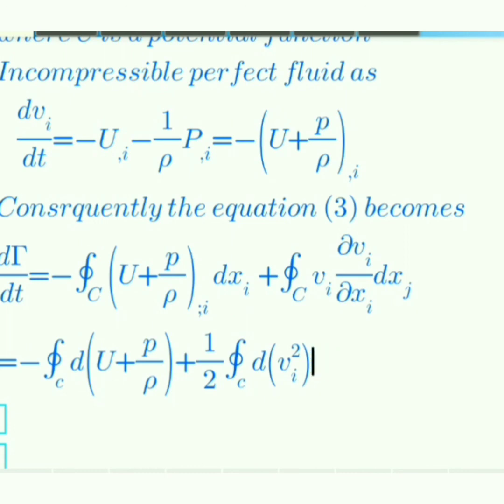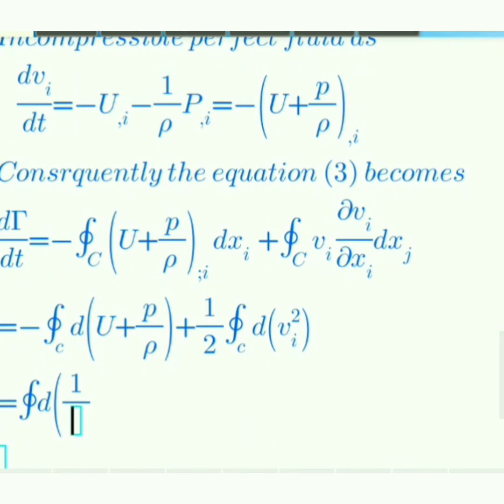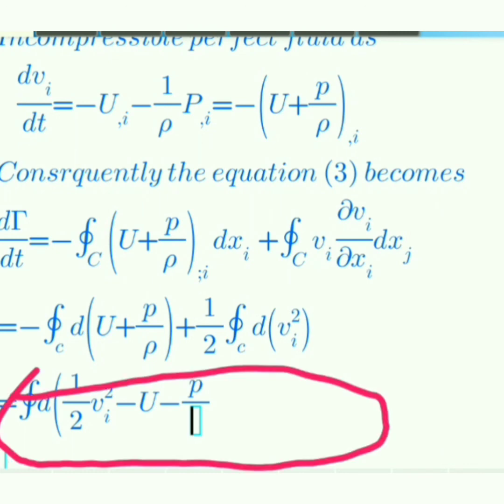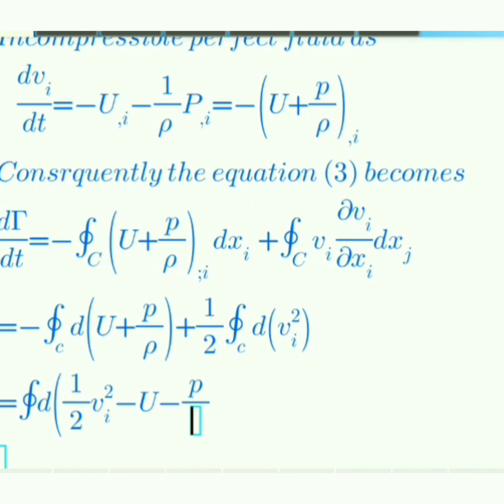So friends, I can write this way, and after that I can write this way, that d of 1 by 2 vi whole square minus capital U minus P by rho is equal to 0.